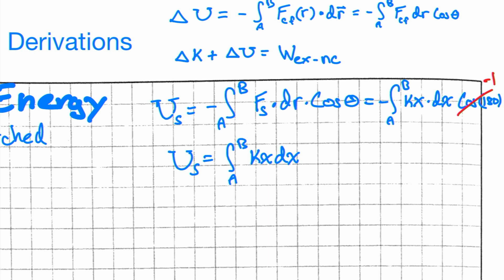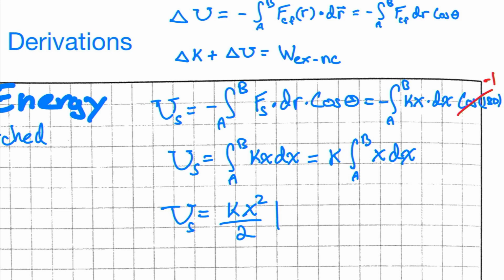K is the spring constant, so that comes out. We're left with the integral from A to B of x dx, which is x squared over 2. We evaluate this from A to B. Remember, B was at x, A was at 0, and we end up with our old familiar formula, 1/2 k x squared.